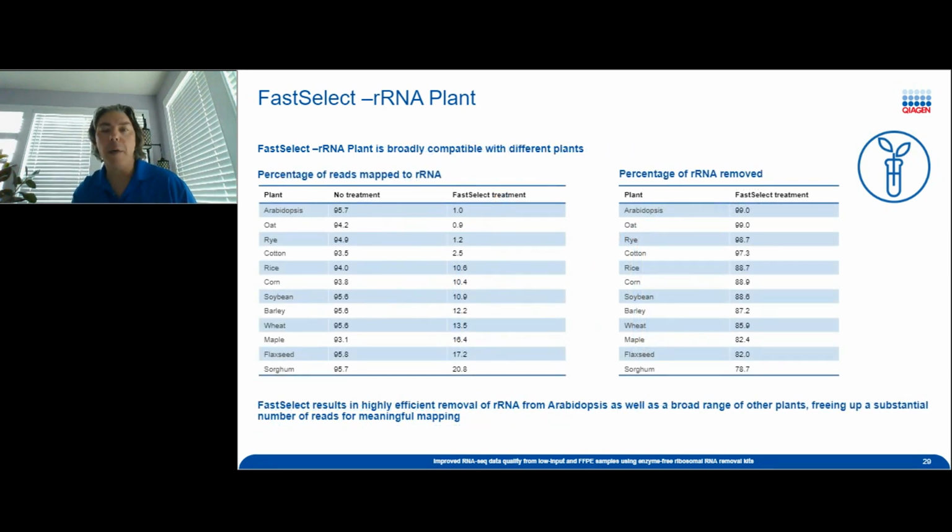Again, we have a lot of data available on the website. If you're interested in how well FastSelect works, I'd go to the website, where we usually update whatever information we get from our scientists and customers. We have a mapping of no FastSelect, with FastSelect, the percent left, and the percentage of ribosomal RNA removed, which is basically the difference divided by how much you started with.